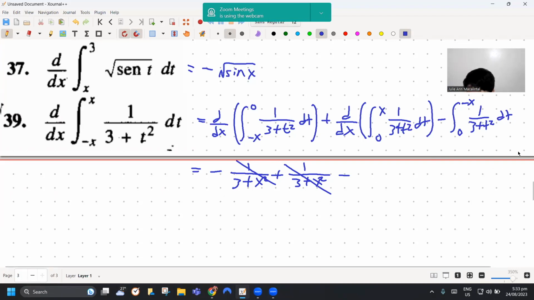Remember, yung second term, i-differentiate mo siya with respect to x, pero ang function mo, function of negative x. Kailangan mo i-chain rule. Let u be equal to negative x. So d dx is d du times du dx.